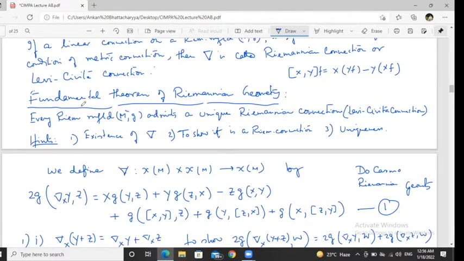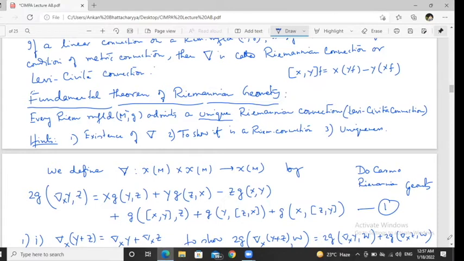Now, there is a fundamental theorem of Riemannian geometry: every Riemannian manifold admits a unique Riemannian connection. That is important. To prove it, we have to prove the existence, show it is a Riemannian connection, and prove uniqueness. So three things we have to prove in this theorem.